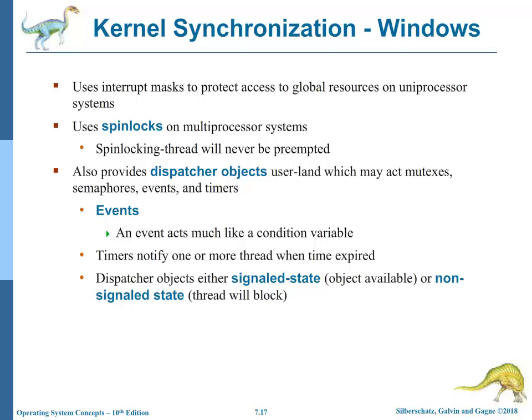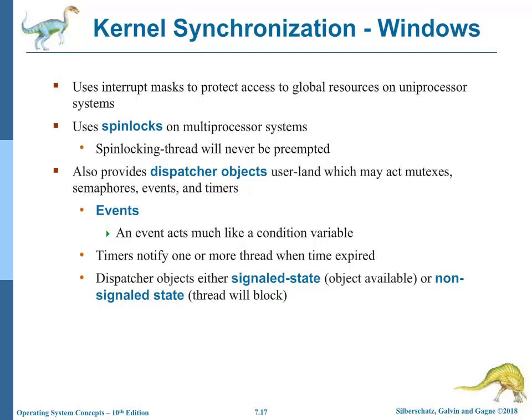Events act like a condition variable to notify a waiting thread when a desired condition occurs. The timers are used to notify one or more threads when time has expired.